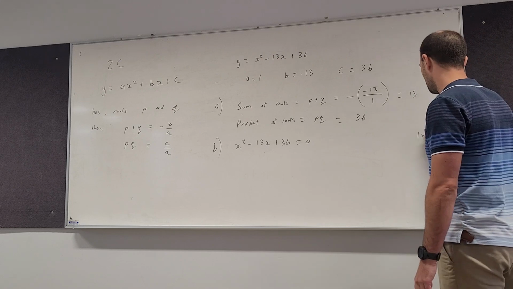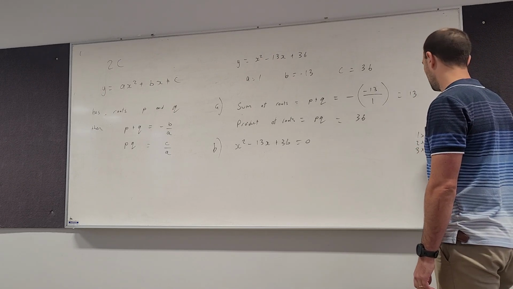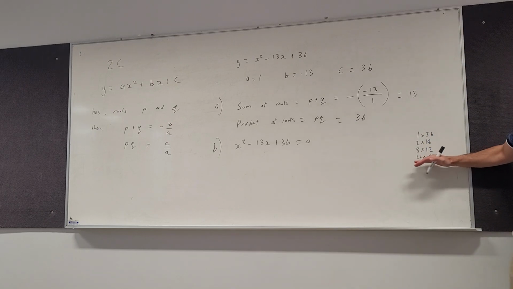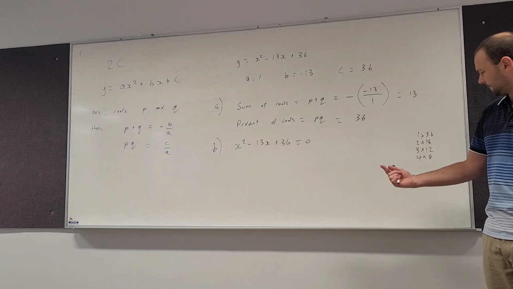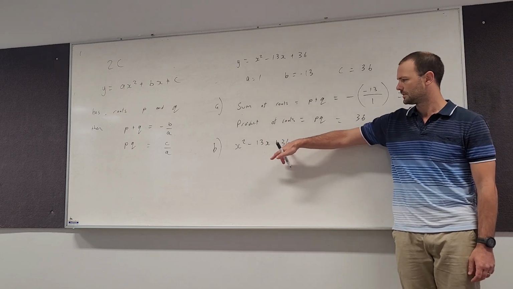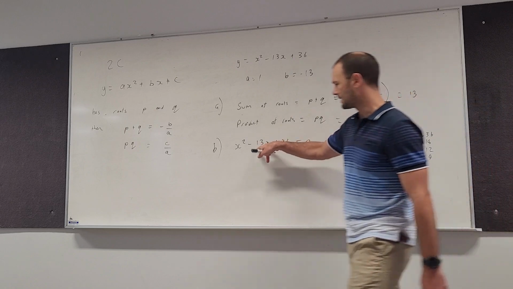So we can go 1 times 36, 2 times 18, 3 times 12, 4 times 9. Look at that, beautiful. 4 and 9. When you add them together, 13, and they both need to be negative. All right, negative 4 times negative 9 is going to give me positive 36, and negative 4 plus negative 9 will give me minus 13.